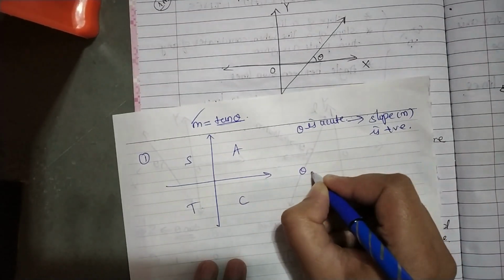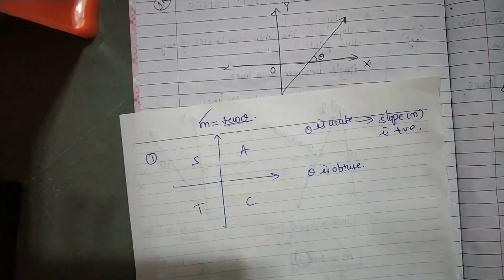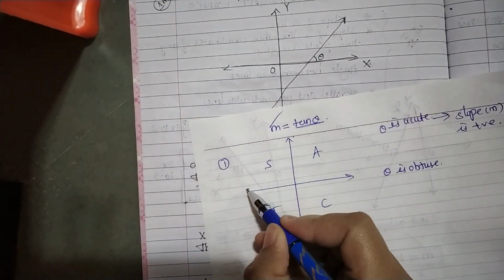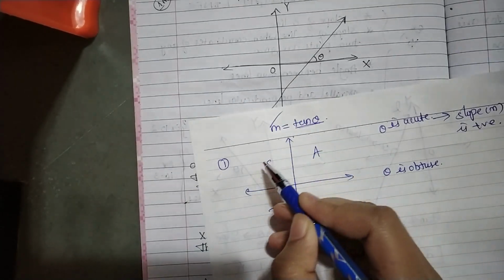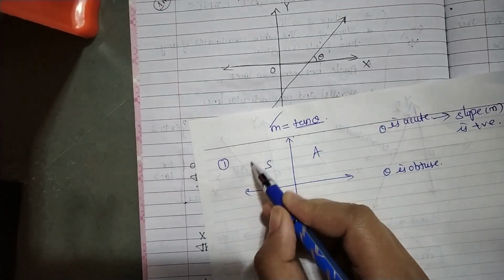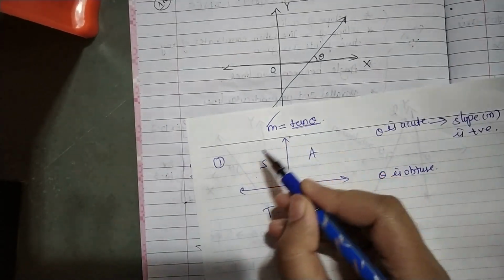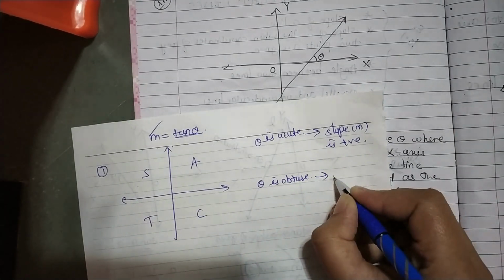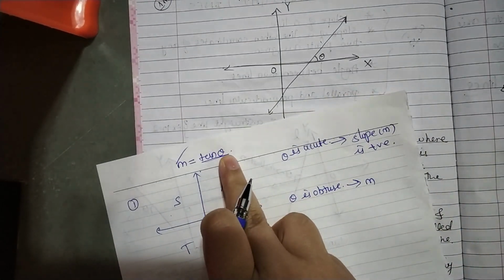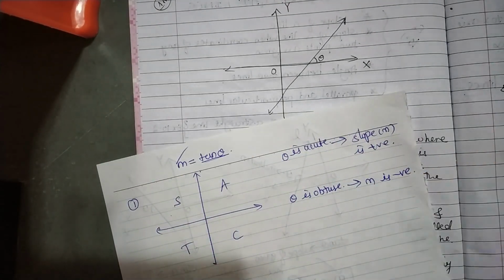When theta is obtuse, it lies between 90 degree and 180 degree. So 90 degree to 180 degree means second quadrant, and in second quadrant tan is negative, because in second quadrant only sine and cosec are positive, tan is negative. Therefore, when theta is obtuse, the slope tan value is negative, so obviously m is negative.